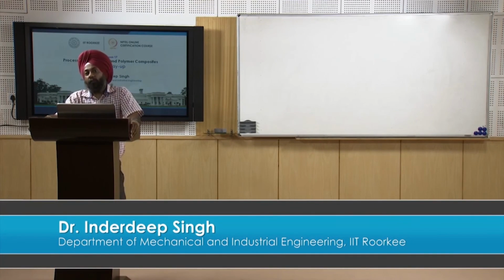So with this we come to an end of our first session exactly on the processing of polymer composites. We have had 2 or 3 sessions earlier, but those were majorly on the introductory part regarding the processing of polymer composites. Today we have started our discussion and we have seen the very first process, which is the most widely used process for processing of polymer composites.